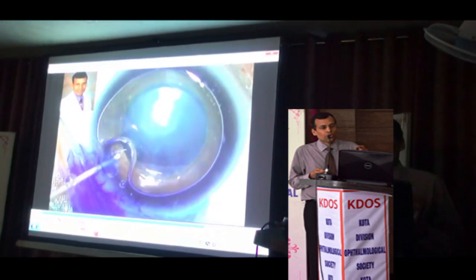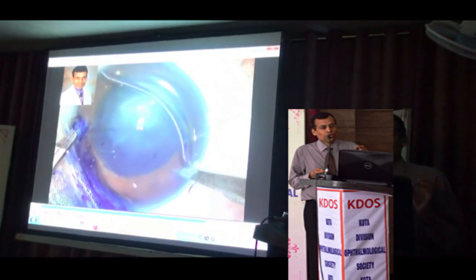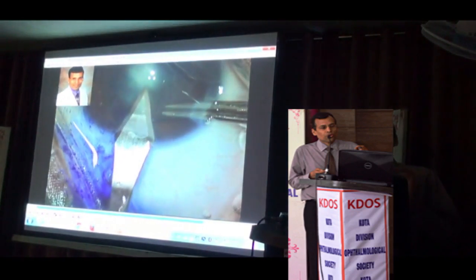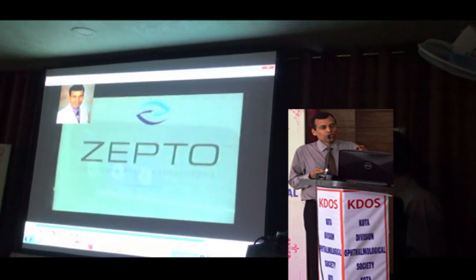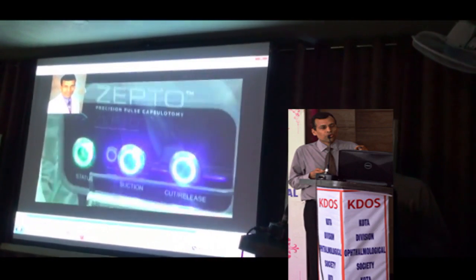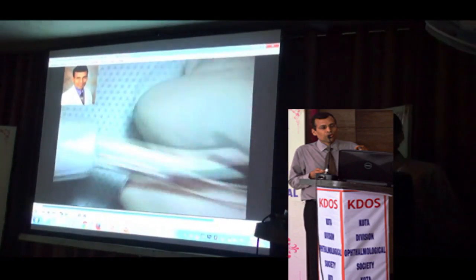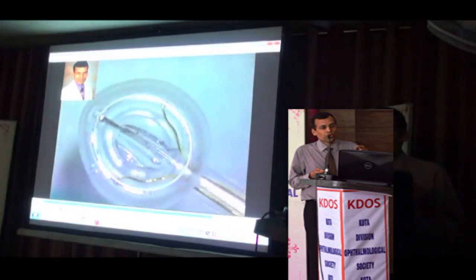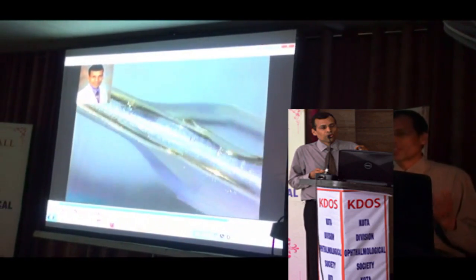Because of the elastic capsule, sometimes there is an incidence of a runaway rhexis, or sometimes the rhexis may not be of the desired size. So, with the introduction of the nanopulse Zepto system, this tool can be helpful to achieve the anterior capsulorhexis in infants and young children.